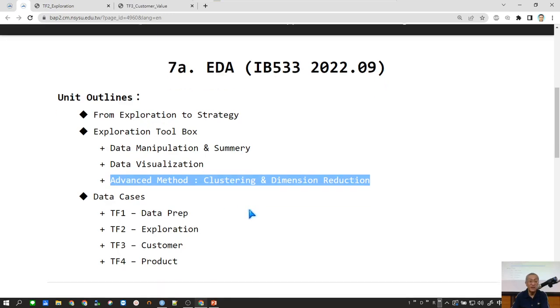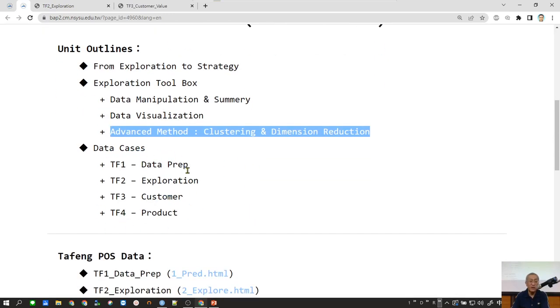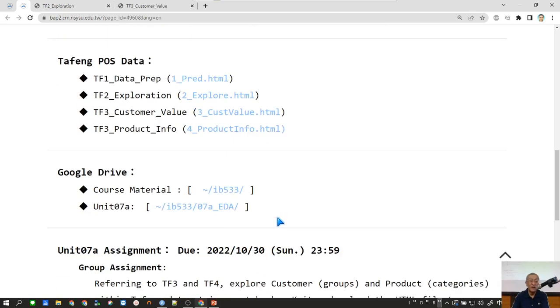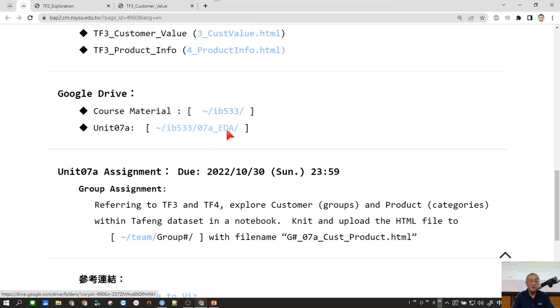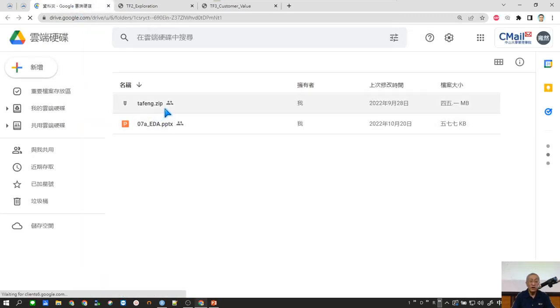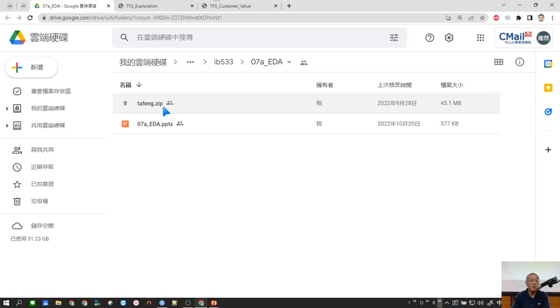We will teach that next week. So today we are using the Tafan data set, and I will walk you through all of these 4 notebooks, okay? So if you go to today's shared drive folder, the Tafan .zip, you already have it, okay?